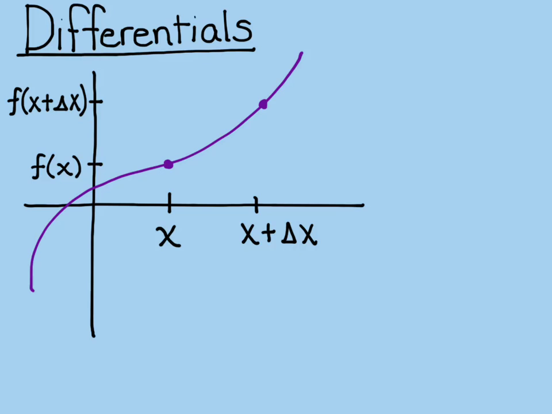And then we plug in this value, x plus delta x, into our function f, so we get the new y value. So that means that the distance between the two x values is called delta x. We will similarly call the distance between the two y values delta y.